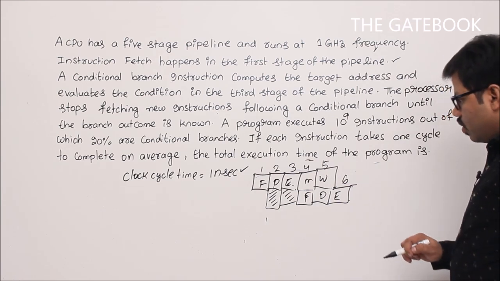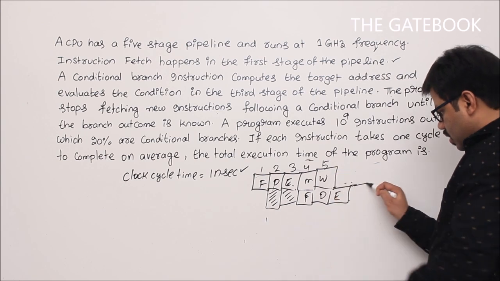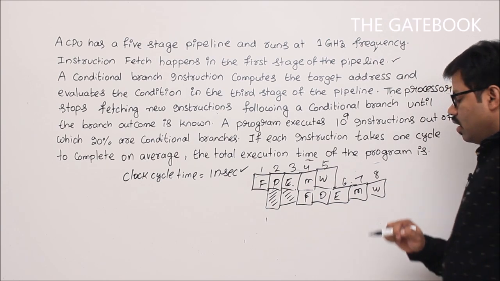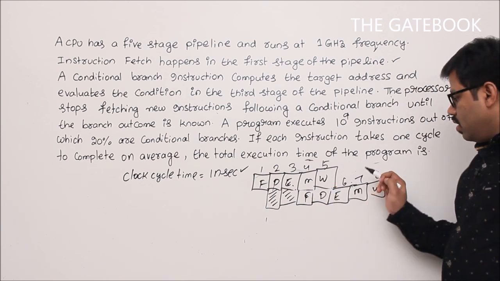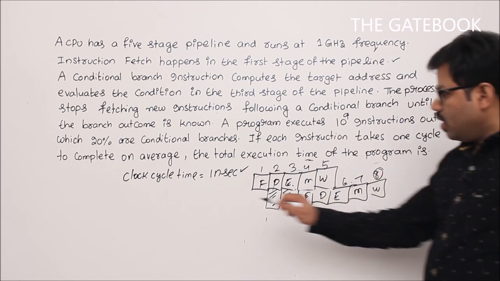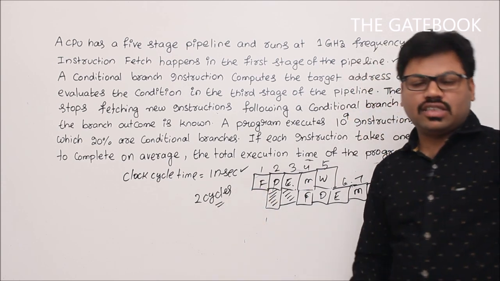But how much time did it take? 6, 7, 8. The next instruction came after 8 clock cycles instead of 6. That means 2 cycles we got extra in the instruction execution time.